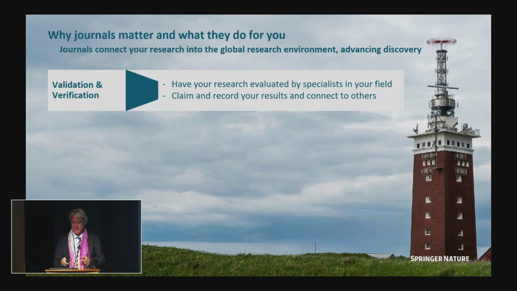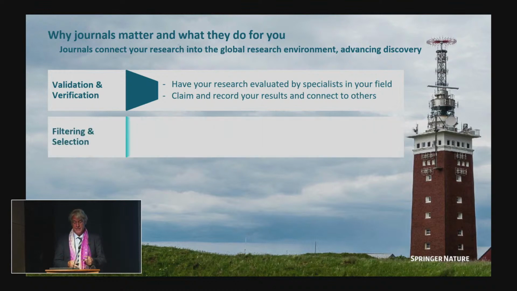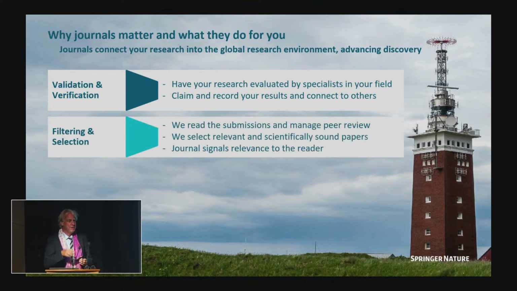We then filter and select, because our readers want to know in their specific field what is the most important thing they should be reading to advance their research. That's the filter and selection process.